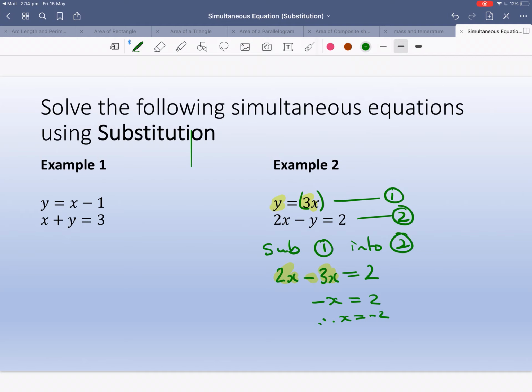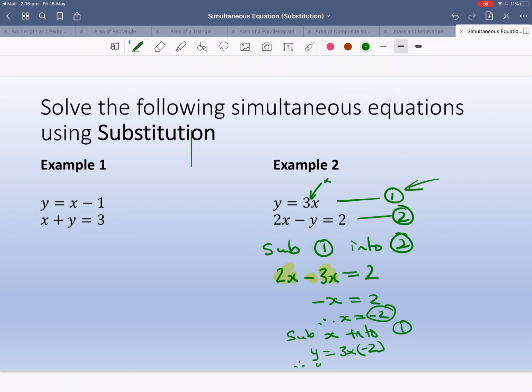Now, I'm going to sub my x back into equation 1. So y equals, now remember that in between the 3 and the x, there's a multiplication that mathematicians are too lazy to write. So I'm going to go 3 times, and our x value is negative 2, so it's negative 2.